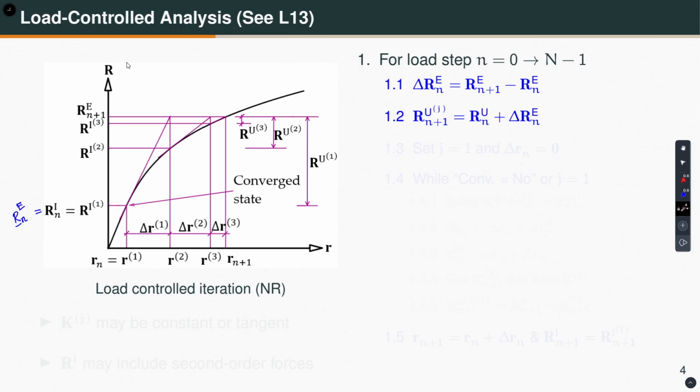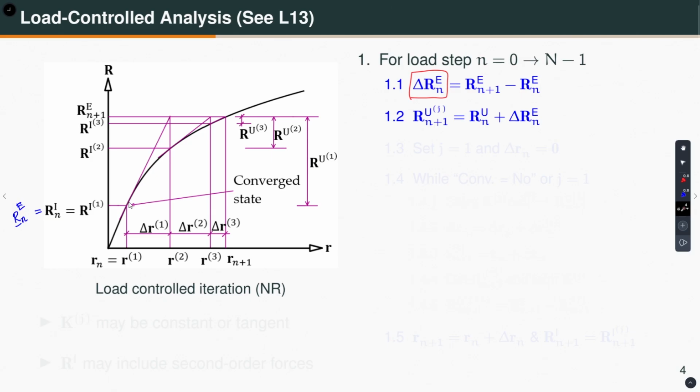So, now in a load control analysis, let us say this structure is in equilibrium at this stage. Now, I apply an incremental external load, which is my ΔR^E_n. Okay. Delta is for the increment, E is for external, and n is this load step. This much I have applied, right. So, objective is to determine the displacements of all the nodes at all DOFs in the structure.